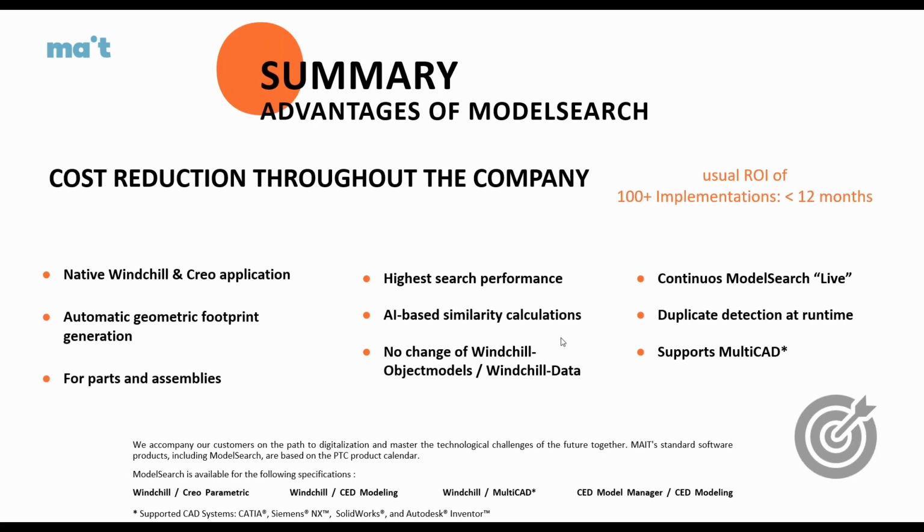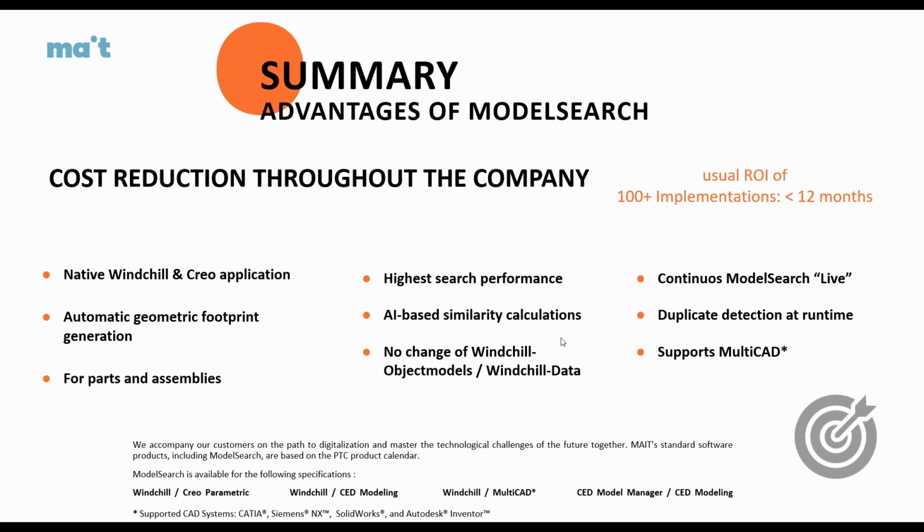It also helps companies to eliminate duplicates. It's natively integrated in Creo Parametric and Windchill. The footprint is generated automatically, so nobody has to care about it. It works for parts as well as assemblies.